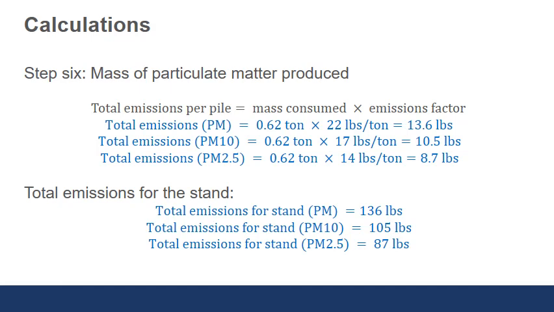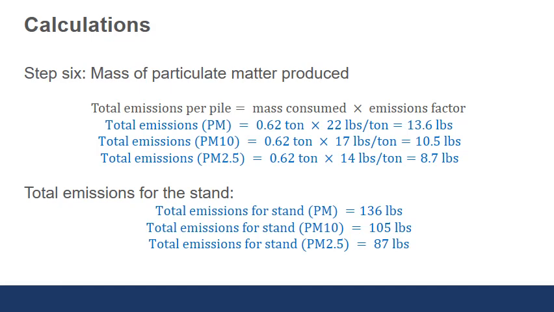The final step is to calculate the mass of particulate matter produced. To do this, multiply the mass consumed from step 5 by an emissions factor from the Hardy 1996 publication. For our example, we will use the following emission factors: PM equals 22, PM10 equals 17, and PM2.5 equals 14.